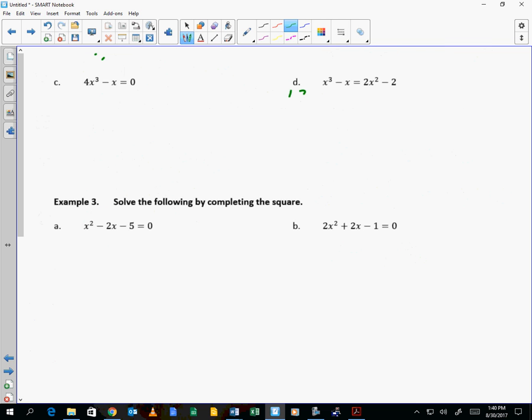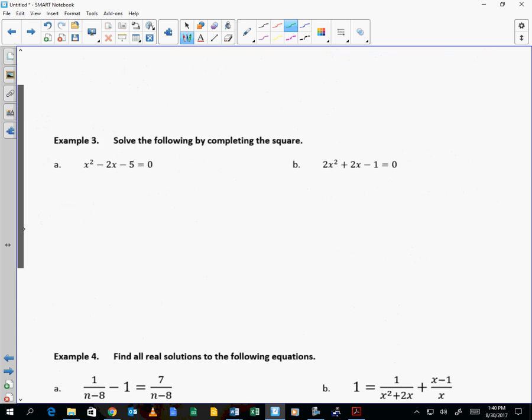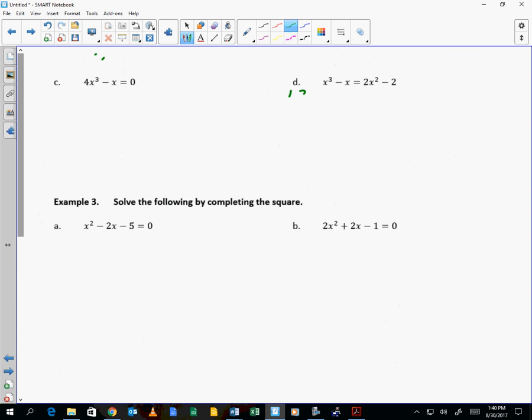Okay. We're going to go through example 3 today. Letter C, we have 3rd degree, so how many solutions should we hopefully see? What do I do to start this one?